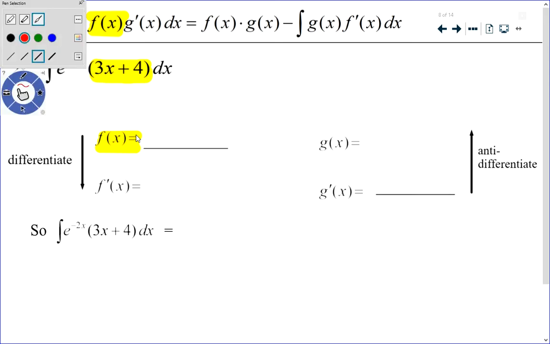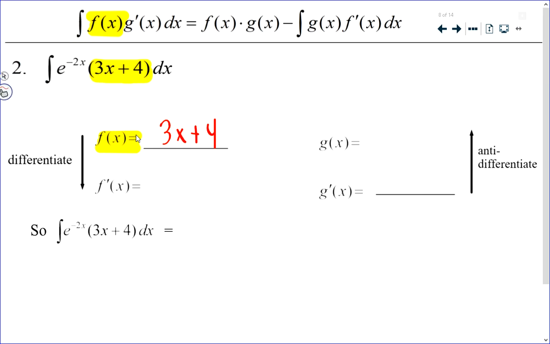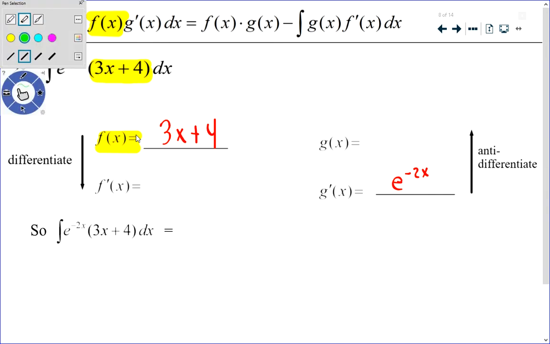And 3x plus 4 gets simpler. That means that the other part is e to the negative 2x, and e to the negative 2x must be equal to the other part, which is g prime of x.